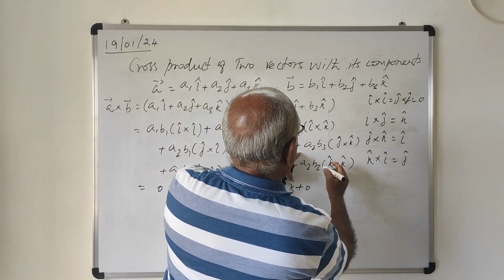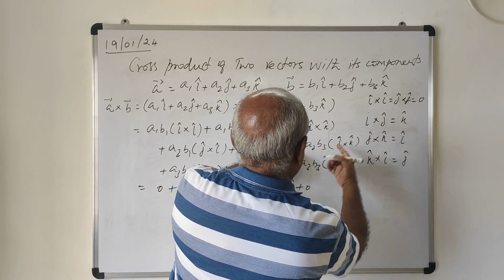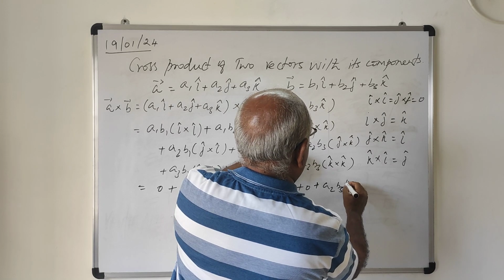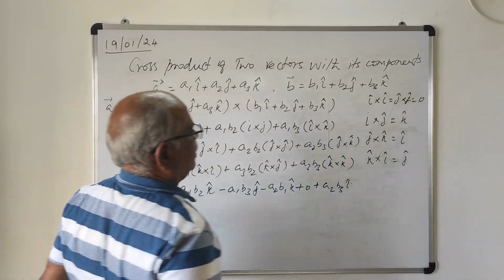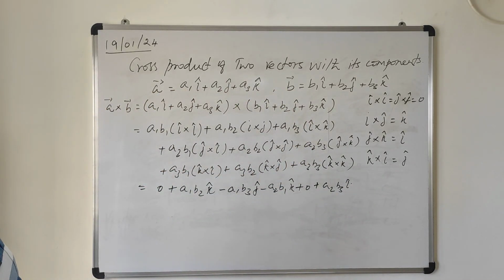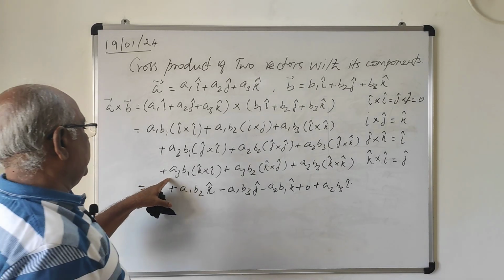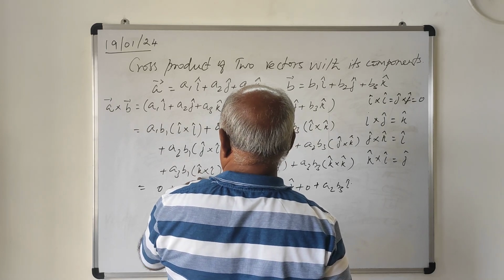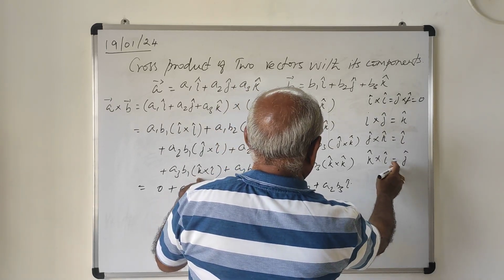J cross K is I, so plus A2 B3 into I. And similarly, A3 B1 into K cross I, which is J.